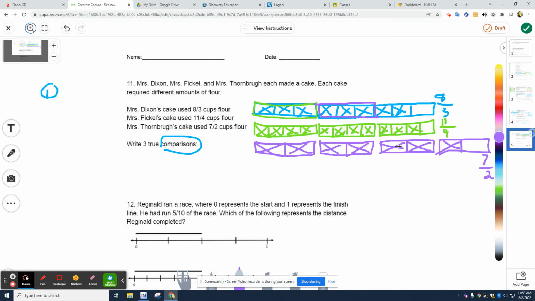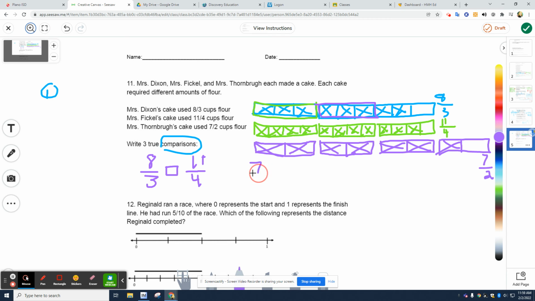I can see what I could do for comparison. So I'm going to actually write a couple of comparisons. 8/3, and I'm going to compare it to 11/4.